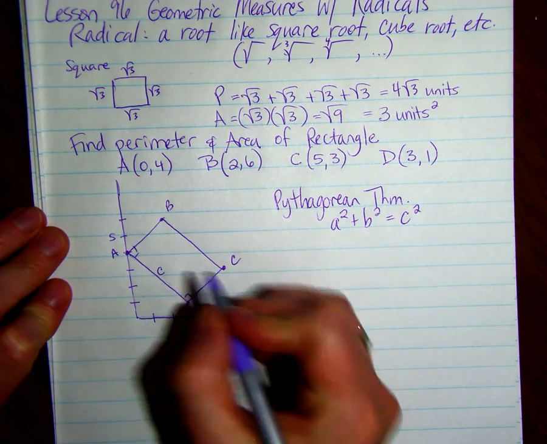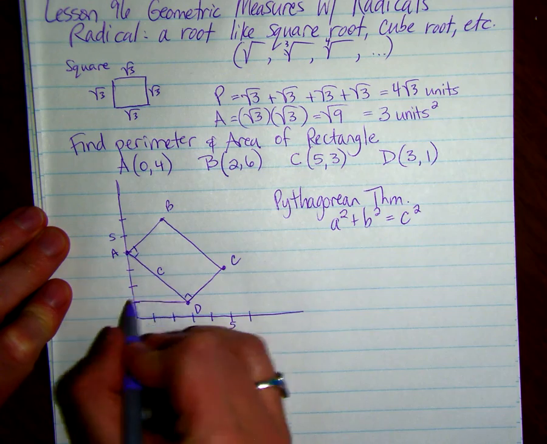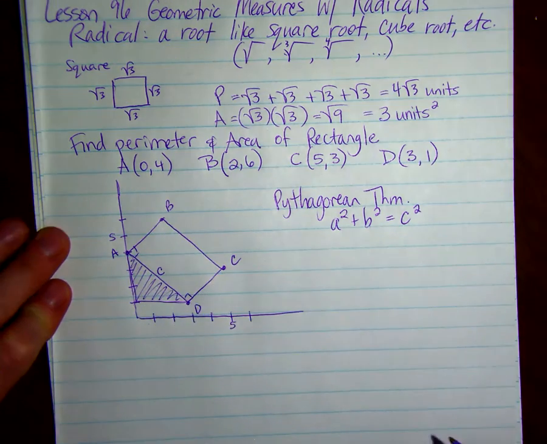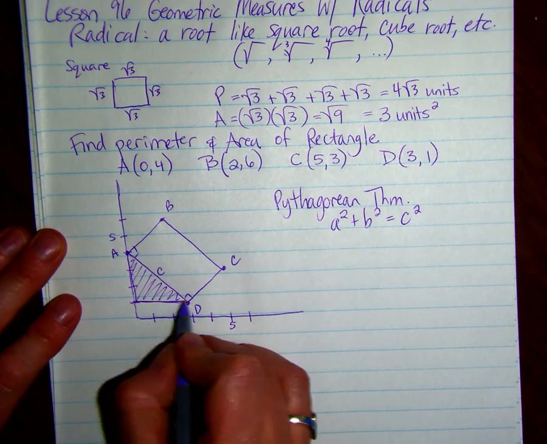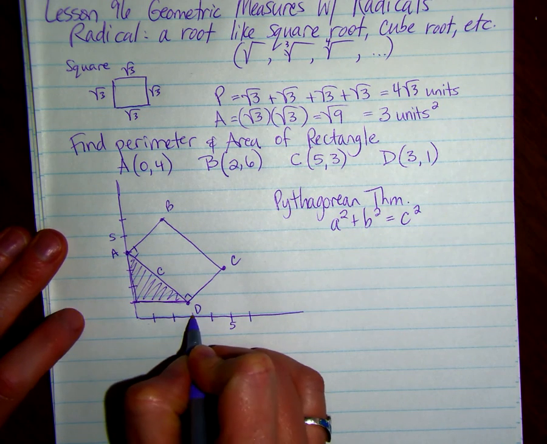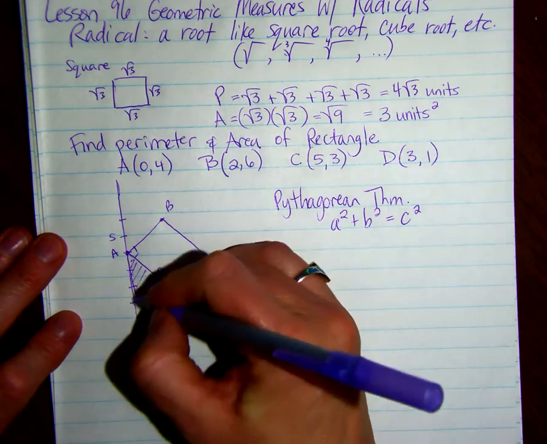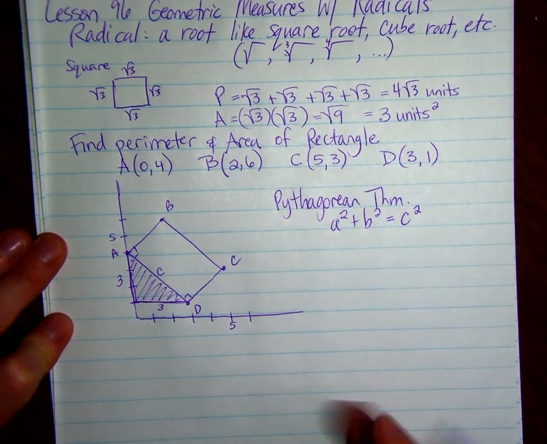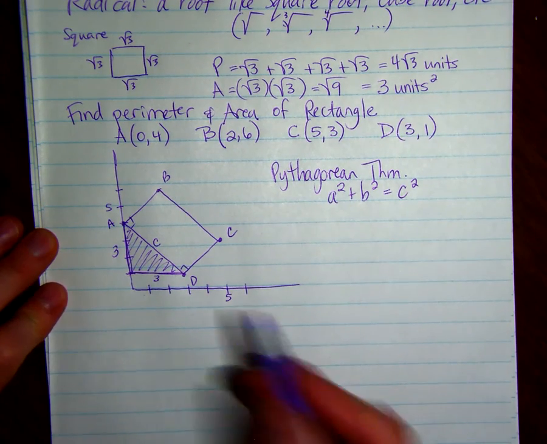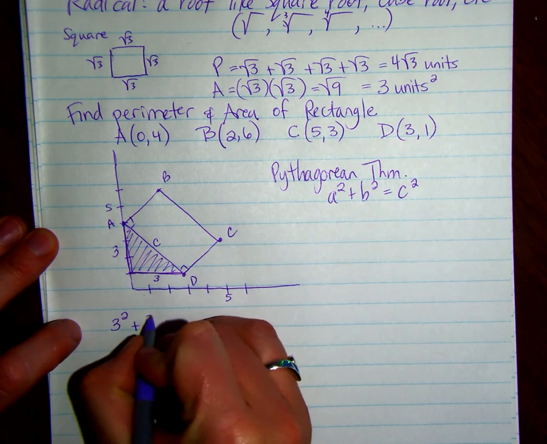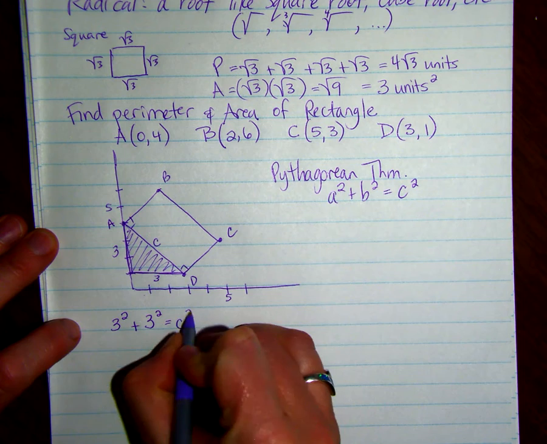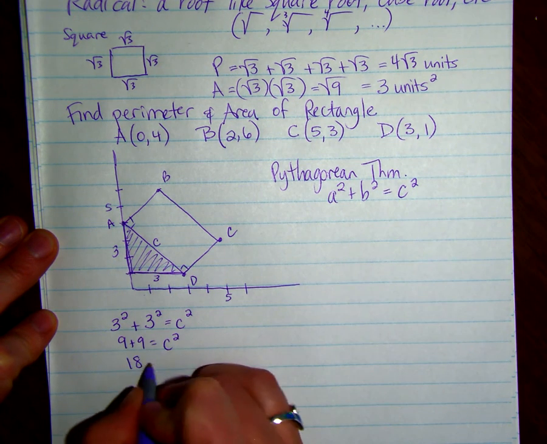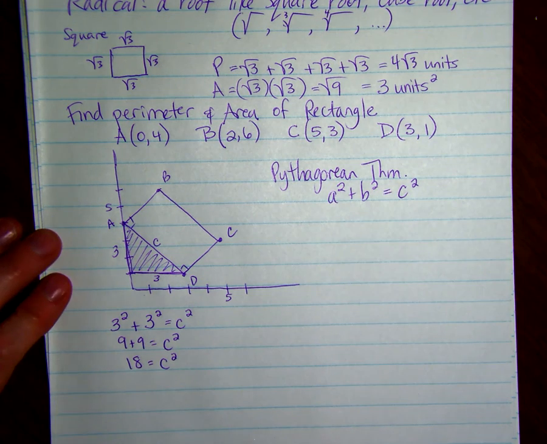Let's call it C. So if we were to make a triangle here, the base is 1, 2, 3, and the height is 3. So we could do the Pythagorean Theorem and do 3 squared plus 3 squared equals C squared. So 9 plus 9, or 18, is C squared.